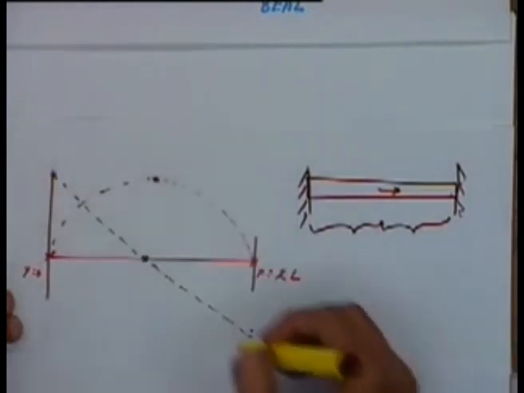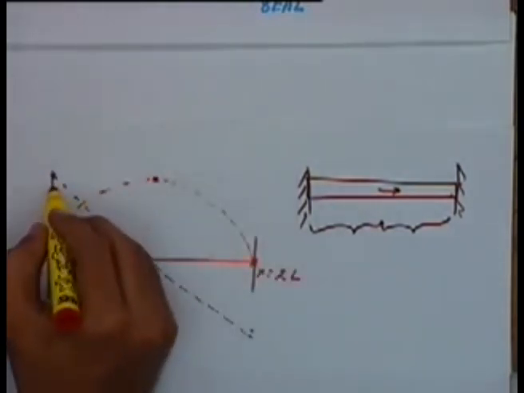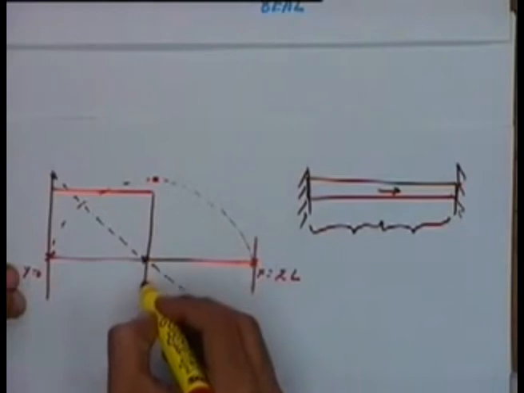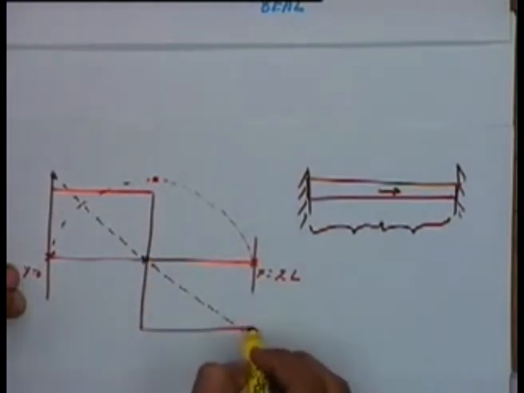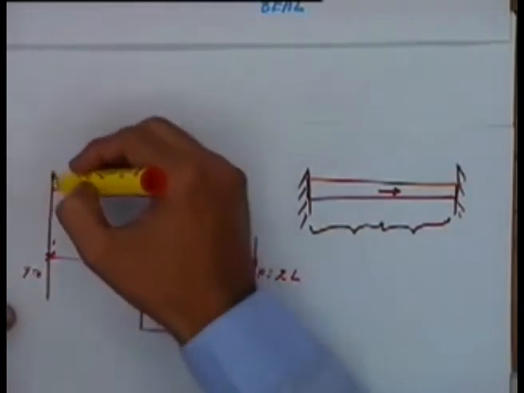We are getting a straight linear variation in strain as well as in stress. The actual variation would probably look something like this. This is how the actual strain is going to look, but we are getting a strain which is like this.